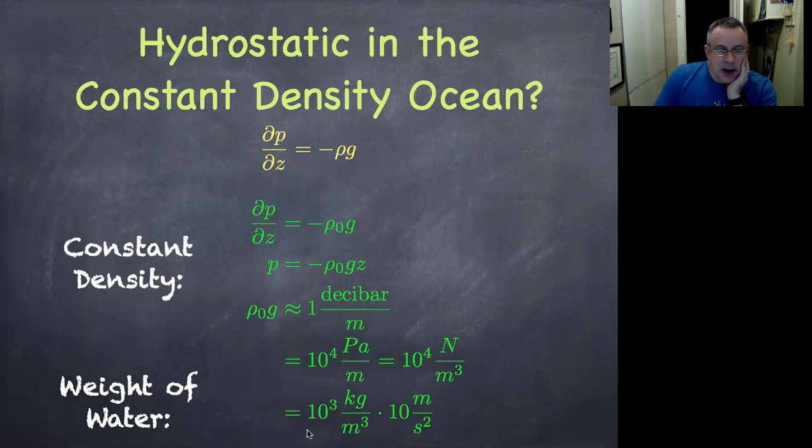So all of these different units are identical. But the one that most oceanographers remember is 1 decibar, so 1/10 of an atmospheric pressure per meter. So every 10 meters, you get another atmospheric pressure.